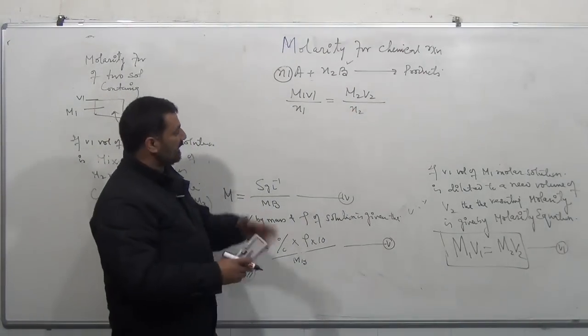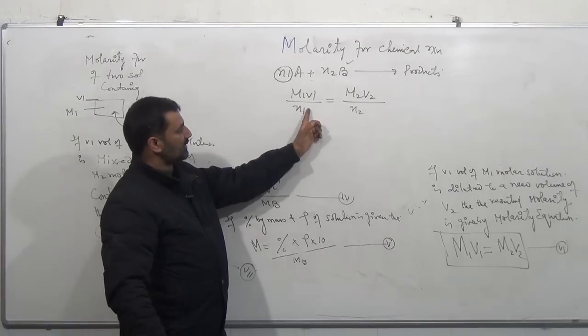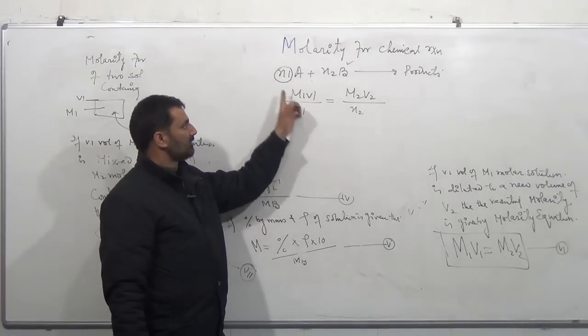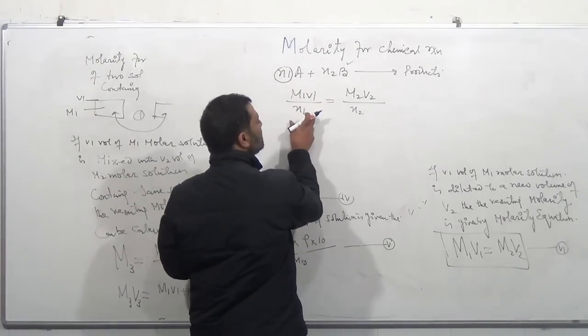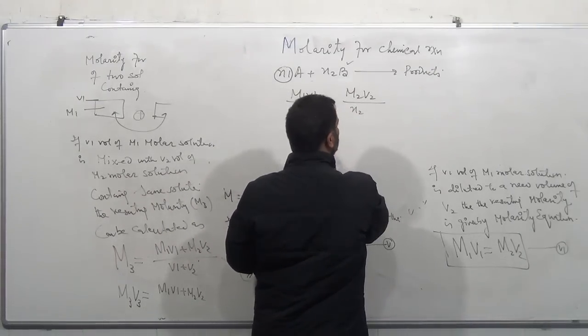So the product of molarity and volume of a concentration term is divided by its stoichiometric coefficient. So M1V1/N1 is equal to M2V2/N2.